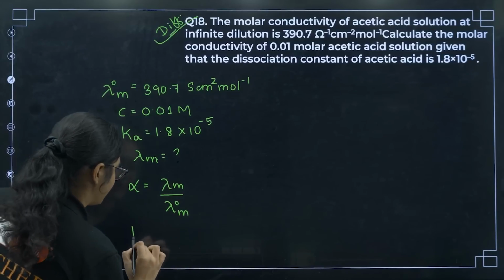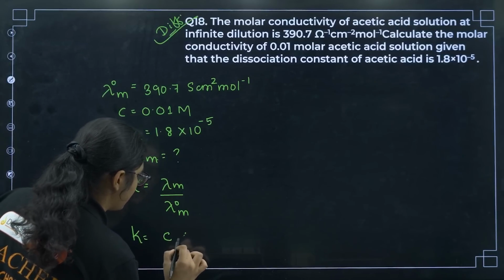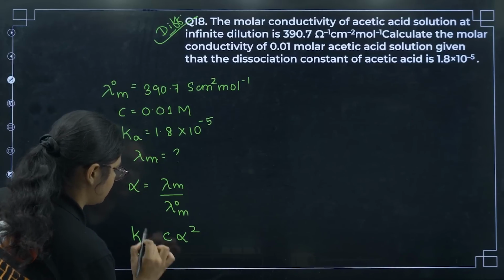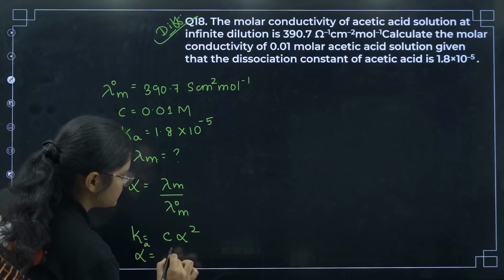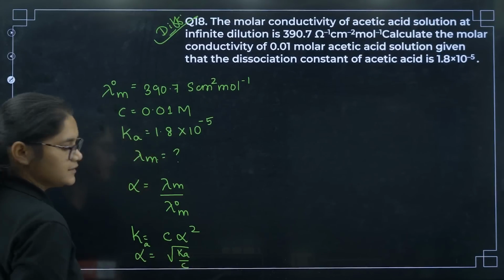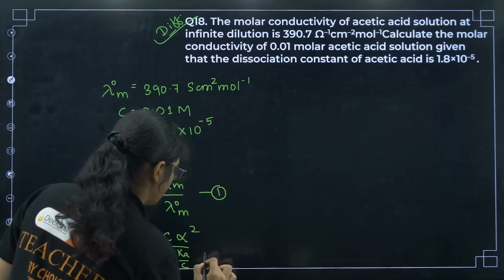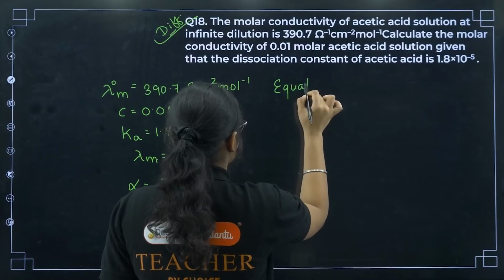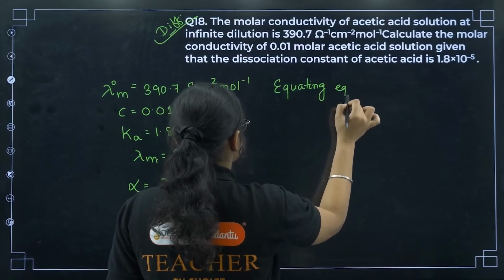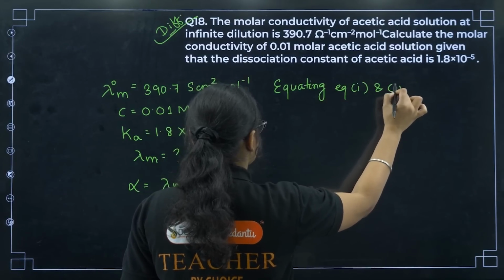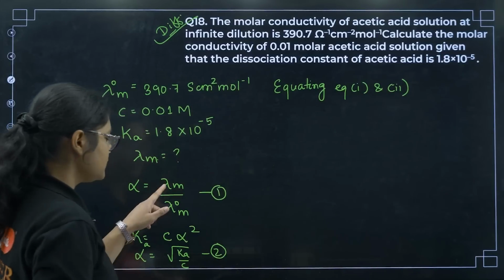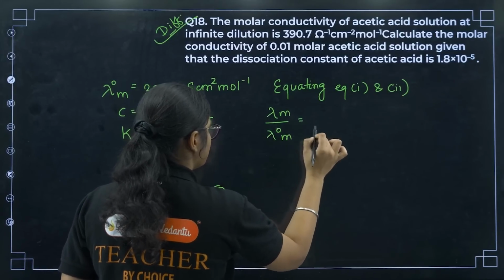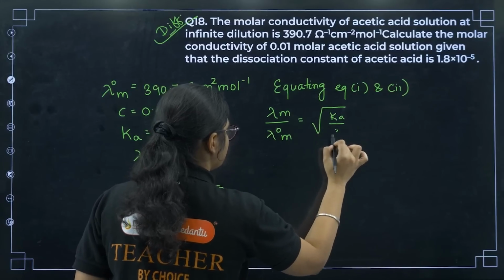I have one more formula for acid dissociation constant, Ka equal to C alpha square, so alpha is equal to root over of Ka by C. Equating equation 1 and 2, lambda m by lambda naught m is equal to root over of Ka by C.